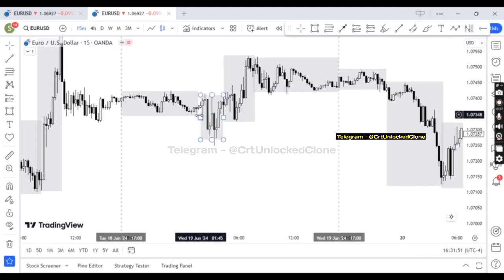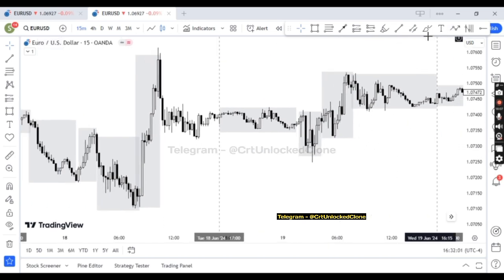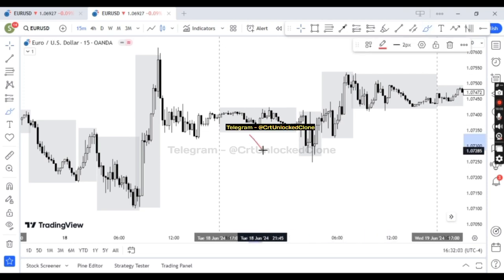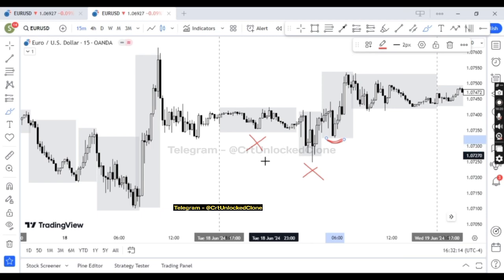It moves in these kinds of profiles: a ranging profile, a manipulation profile, an expansion profile, and then another ranging profile. Now the way you can use it is you're going to avoid trading the ranging profile and the manipulation profile, and only try to position yourself in the expansion profile and only trade expansions or reversals.